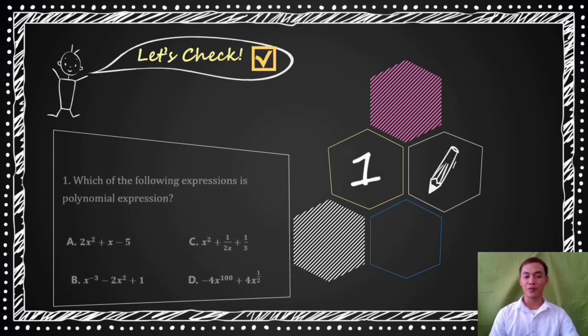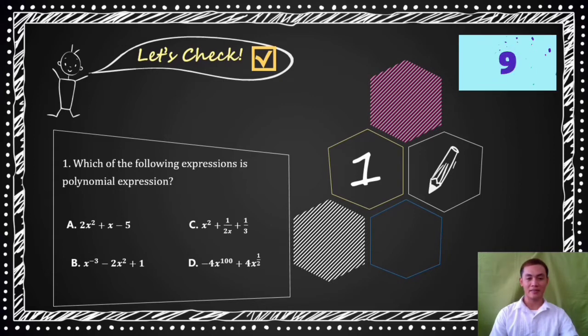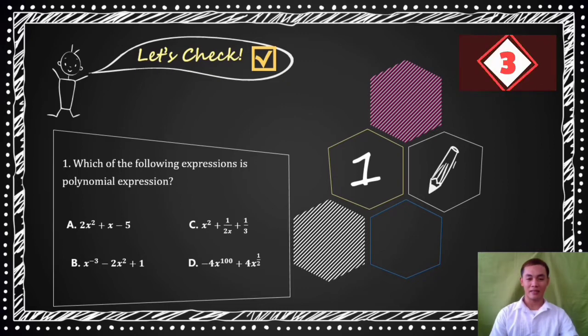Question number 1. Which of the following expressions is a polynomial expression? Is it A, B, C, or D? I will give you 10 seconds to guess the answer. Have you got the answer? Let's check it out. If your answer is letter A, then that's correct.